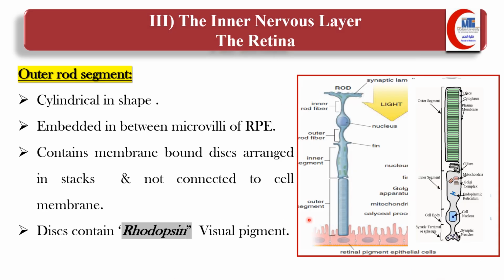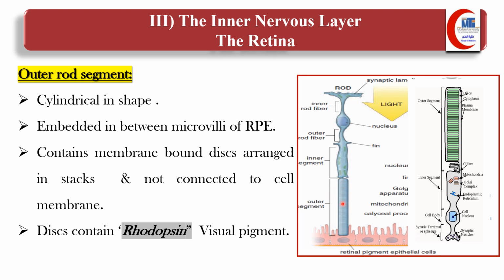The outer rod segment is cylindrical in shape, embedded in between the microvilli of the retinal pigmented epithelium.